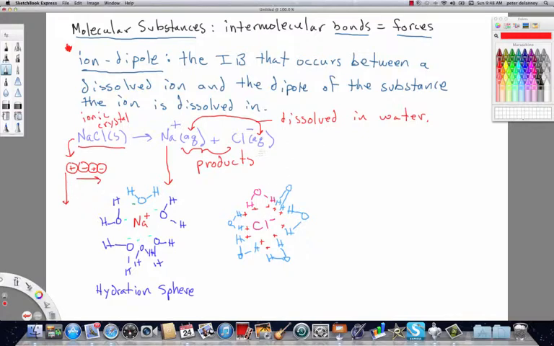Now, to finish the lesson, the name of this thing is called an ion dipole because here is the ion, and it's going to have a charge of positive or negative of some magnitude. And here is the dipole.